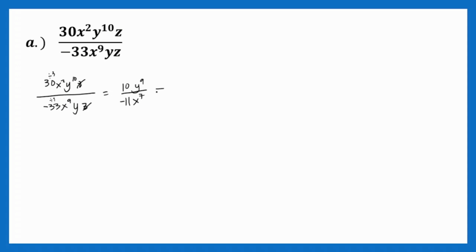Kaya ang ginagawa dyan, so kagaya ng ginawa ko kanina, kung nasa itaas or ilalim yung negative, tas iisa lang naman siya, and make sure walang kasamang plus or minus yung taas, pwede mo siyang igitna. So magiging siyang 10 y raised to 9 over 11x raised to 7. Right? And this is now the final answer.